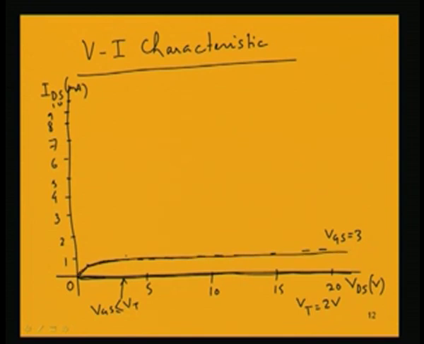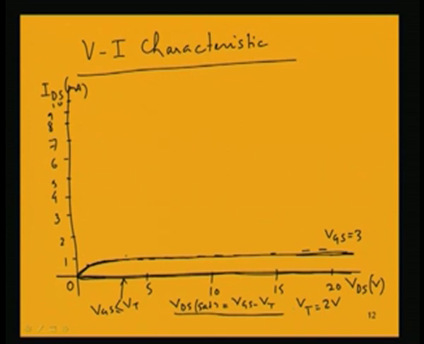Initially the current rises, then if we go on increasing VDS, we will be getting saturation, and that saturation voltage VDS, again we know, is equal to VGS minus V threshold. We know that VDS saturation equals VGS minus V threshold.